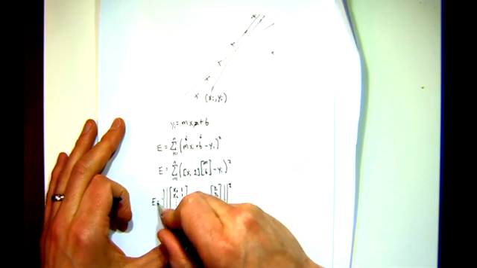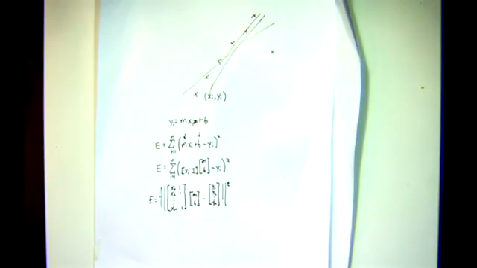So I've just written the same thing as I want to minimize the L2 norm of this vector, which will be the difference between my prediction, which is xi times m plus b, and y, which is the thing that I'm trying to predict, if you think of it that way.